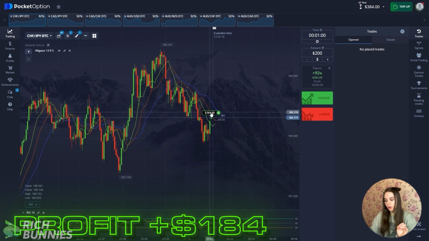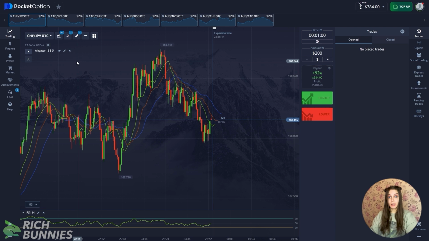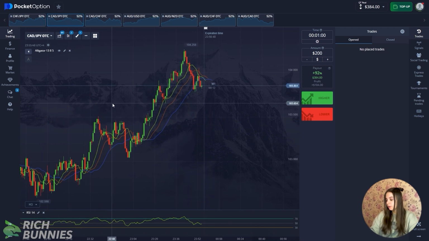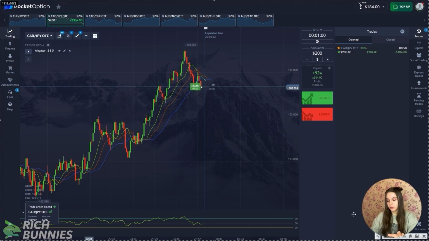We have a profit of $384. Great. And we immediately move to the next currency pair. Let's open a trade here for an increase, and here we see a certain swing has begun in this range.